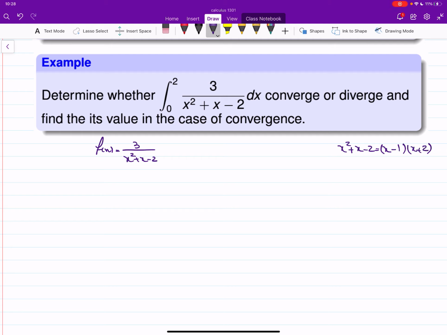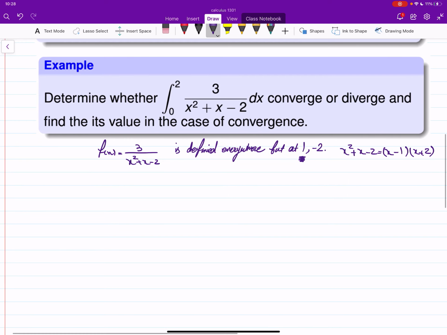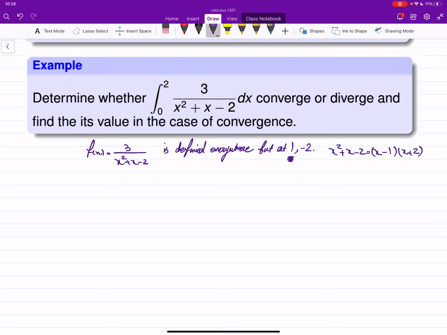So the integrand is defined everywhere but at 1 and negative 2. And when we look at the interval of integration, we see that it includes 1.